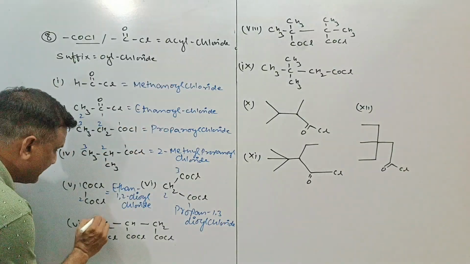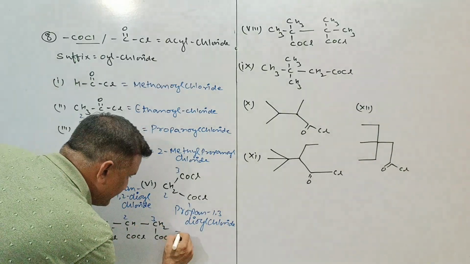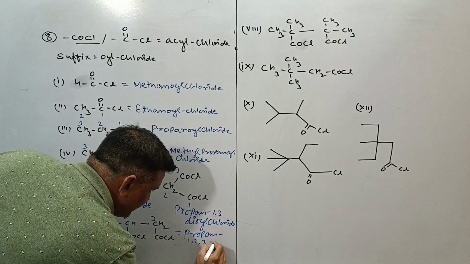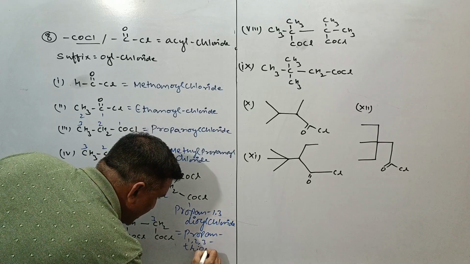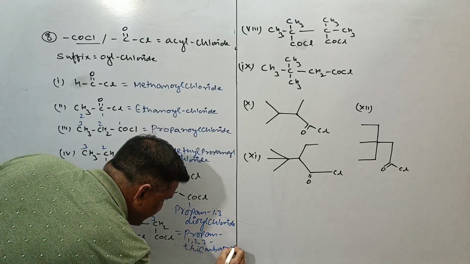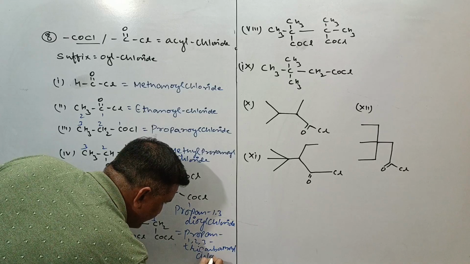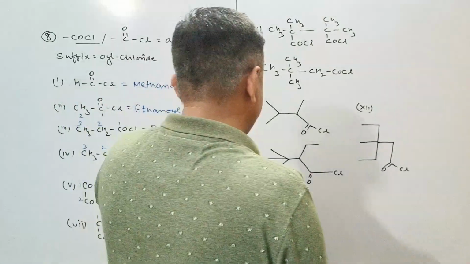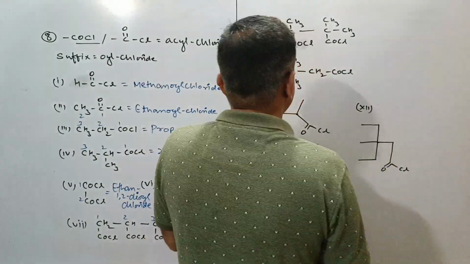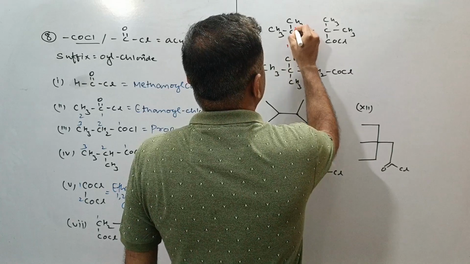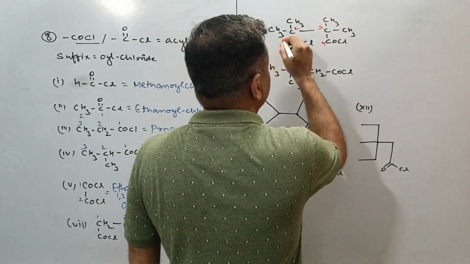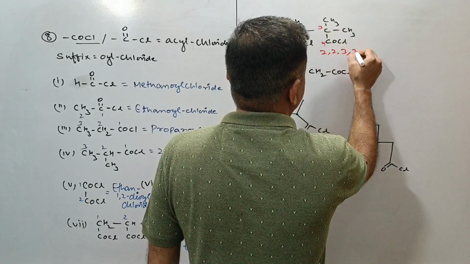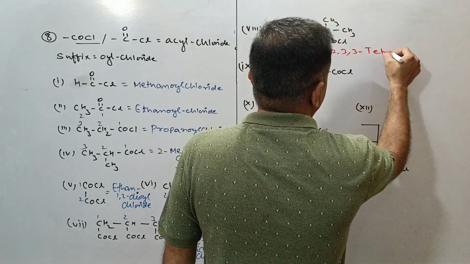This has 3 carbon atoms in the chain, so you will call it propane-1,2,3-tricarbonyl chloride, carbamoyl chloride as the name of the compound. For this we can use the longest possible chain as follows: 1, 2, 3 and 4. At number 2 position there is 2,2-dimethyl, 3,3. So there are 4 methyls, so it will be tetramethyl.